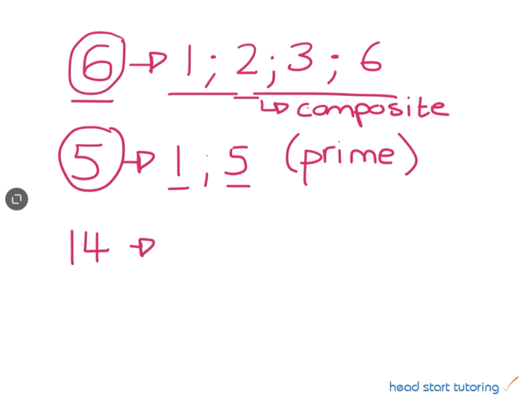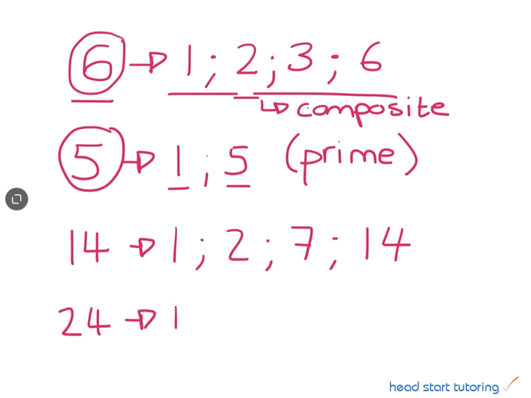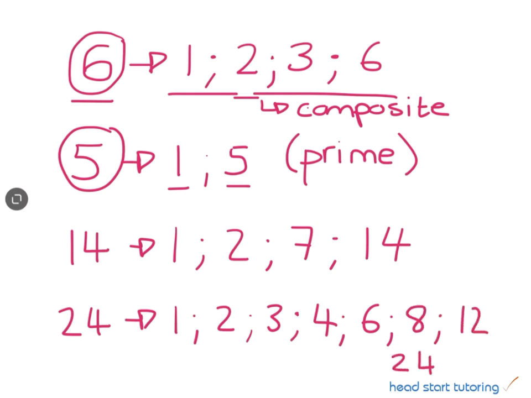The factors of 14 would be 1, 2, 7, and 14. Let's look at 24. The factors of 24 are 1, 2, 3, 4, 6, 8, 12, and 24.